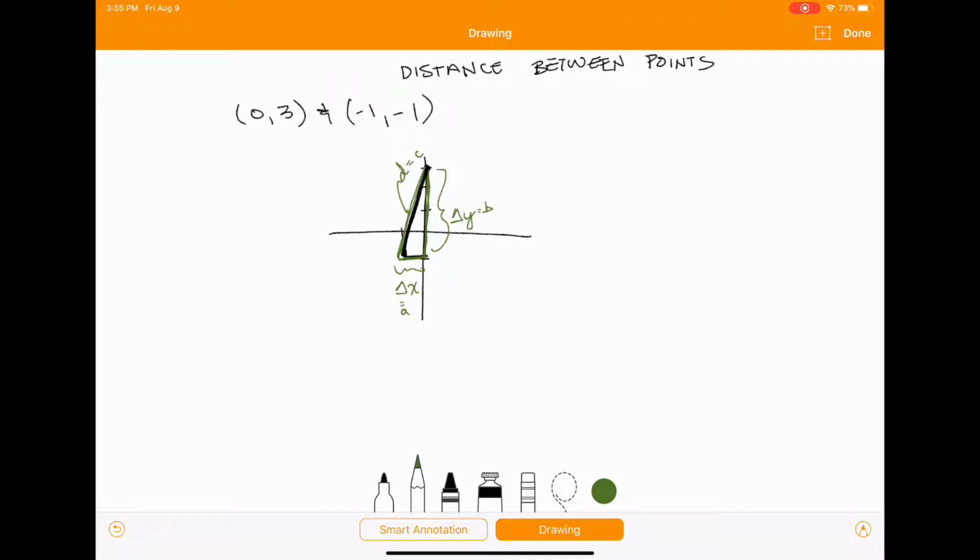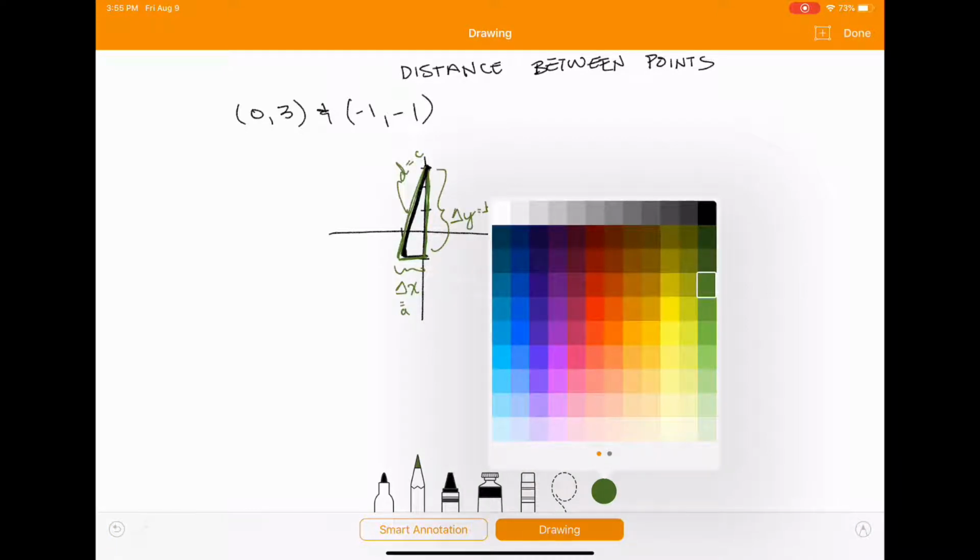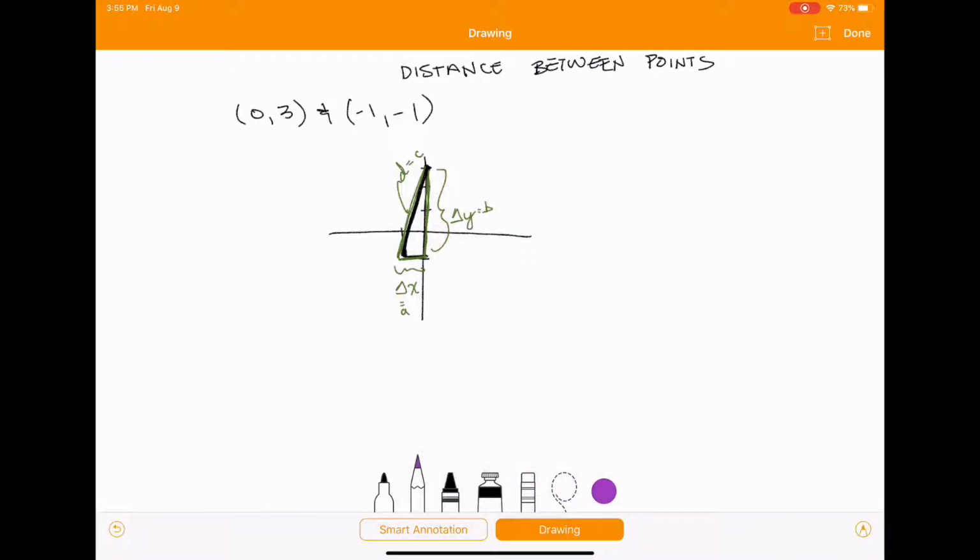So for delta y, we're going to, let's change color one more time, go ahead and use purple. So you're just going to count. You're going to start here and you're going to go 1, 2, 3, 4. And then for x, we start here and we go over 1.